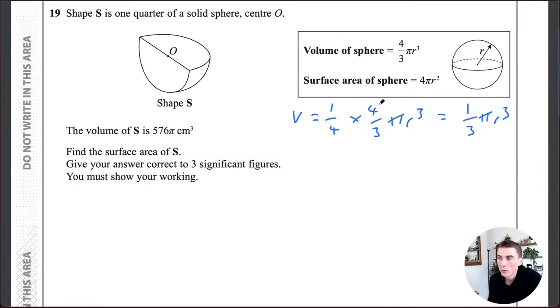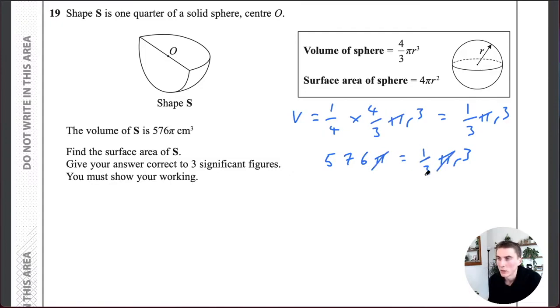So if this is the volume of our sphere, which we know is this, we can then say that 576 pi must equal 1/3 pi r cubed. Because this is what the volume actually is, that's what we're told. This is the formula. So we now just simplify this down. We could cancel out these pi's.